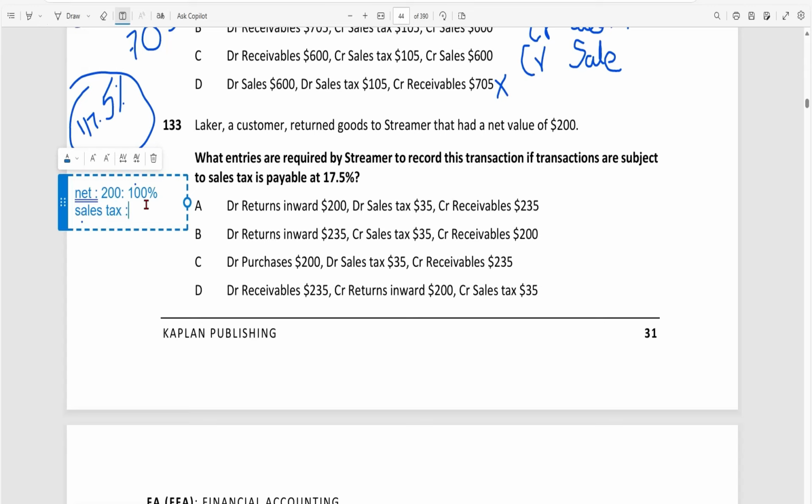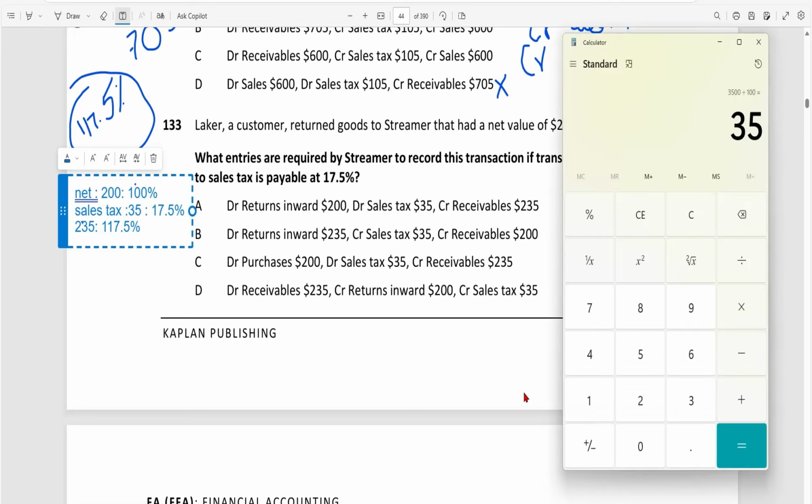Yes, the amount was 35. And this is 17.5%. Adding these two will give the total value of 235, and this is 117.5%. So what you can do is simply take the net amount, which is 200, and multiply it by 117.5 divided by 100. That means 117.5%. It will directly give the value of 235.